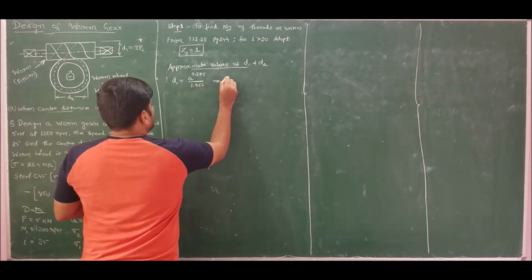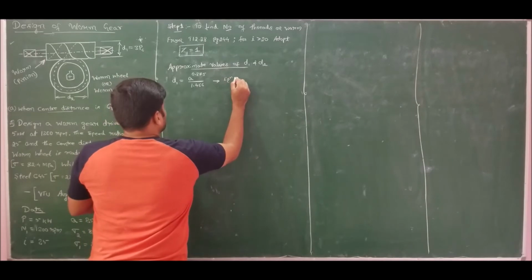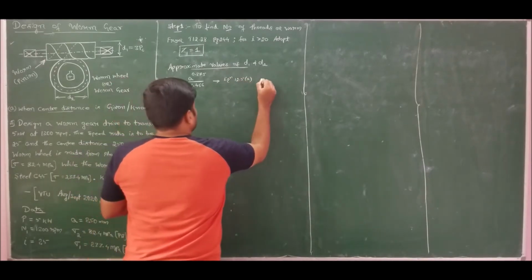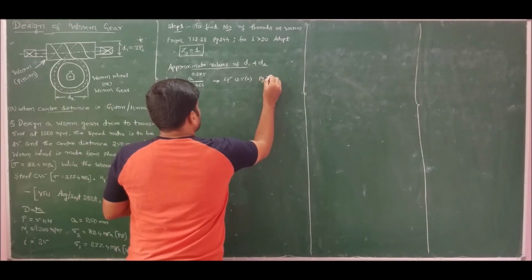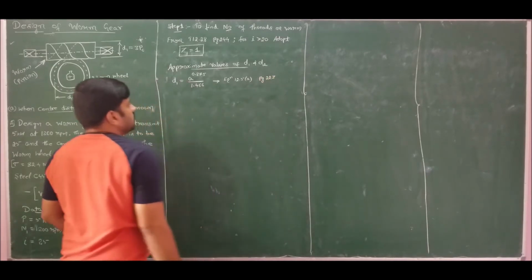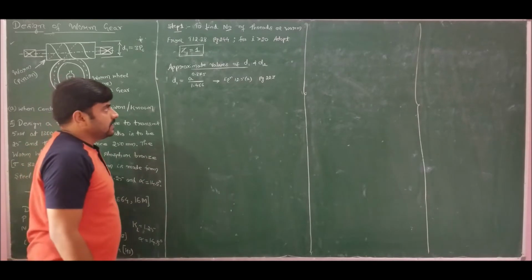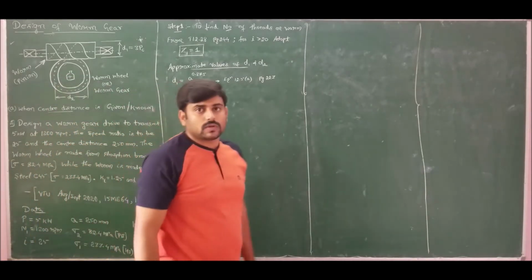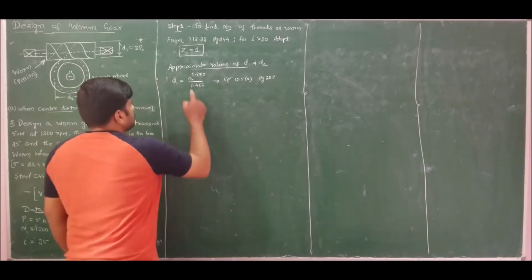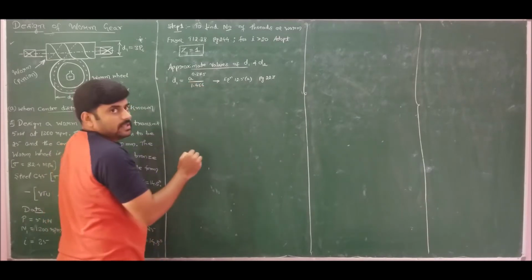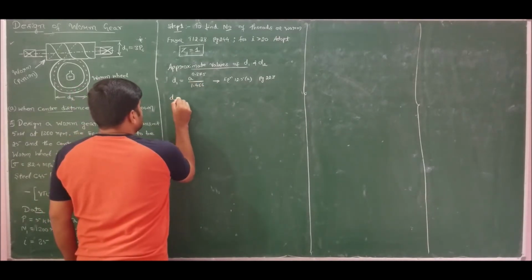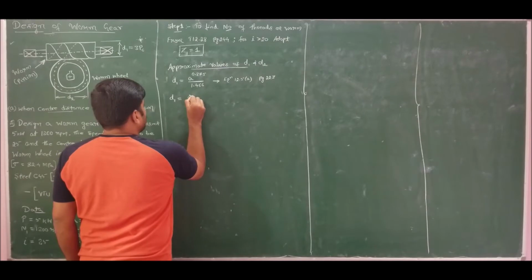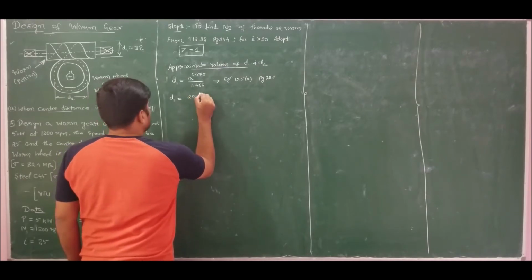This is from equation 12.5a, referring to page 223 of our design data handbook written by K. Mahadevan and K. Balaveera Reddy. We are referring to the 4th edition. Now in this equation, a should be in millimeters. So therefore, if I substitute and solve, we have the center distance as 250 millimeters, correct?